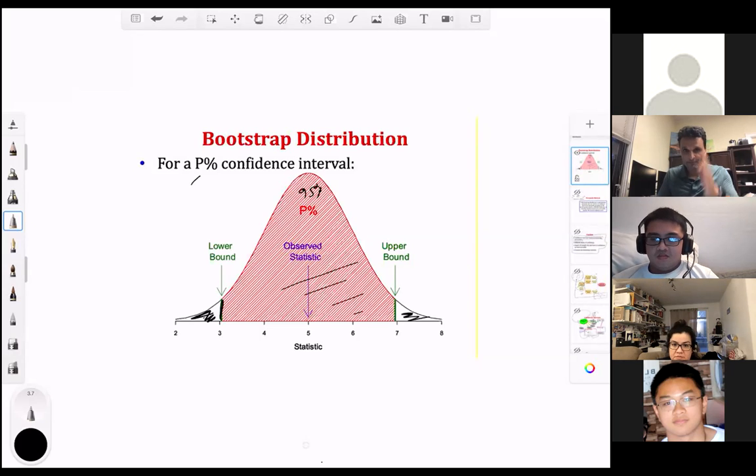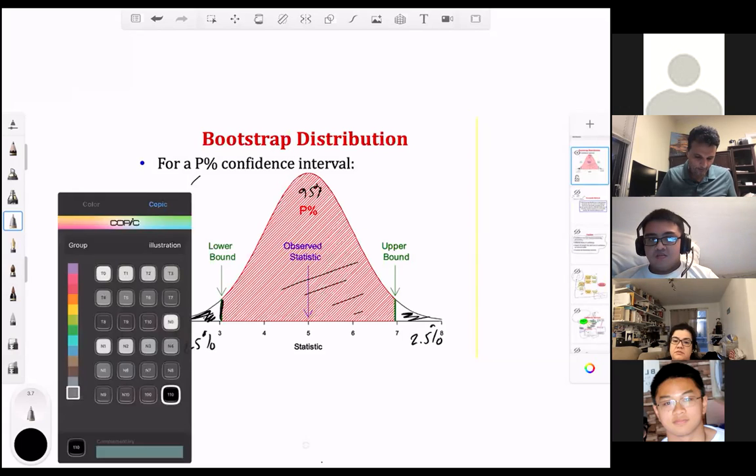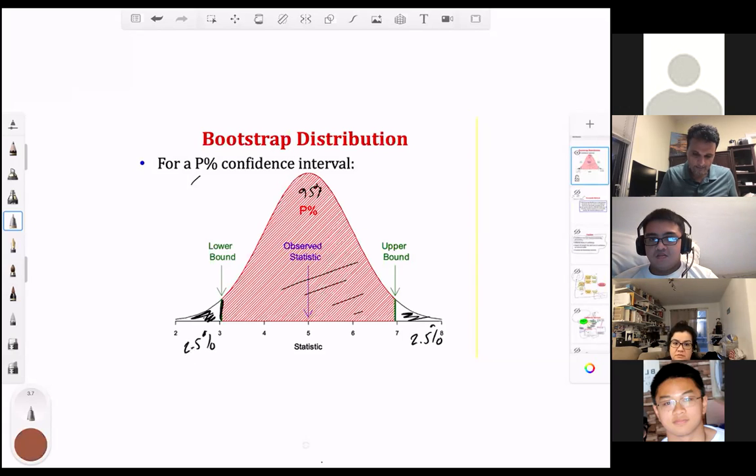Because it's symmetric, this is going to be 2.5% and this will be 2.5%. If P was 99%, so 1% is left, and you divide it by 2, this is going to be 0.5% and this is going to be 0.5%, which we add and get 1%. Again, it's the beauty of the symmetry.